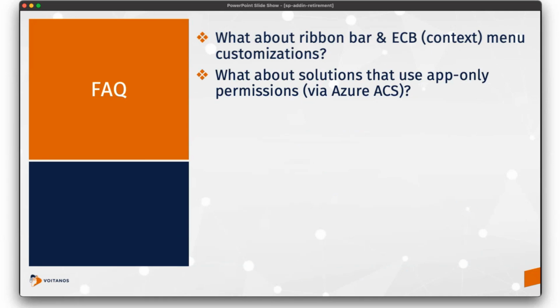What about solutions that use app-only permissions? Today it's not a good story because you can't do that. However, Microsoft has said in the comments of the announcement post that they are working on something to address that. Today we can only do that with ACS, with Azure ACS. However, what they're talking about doing is it looks like we're going to have the same kind of capability that we have in Graph to get resource-specific consent, RSC, inside of our SharePoint sites.